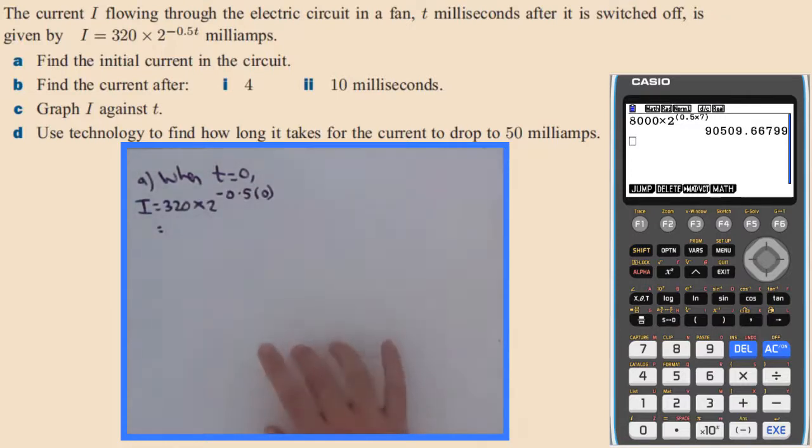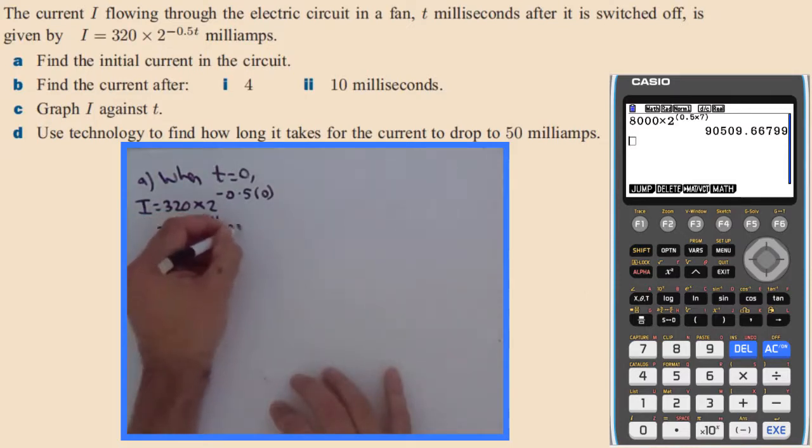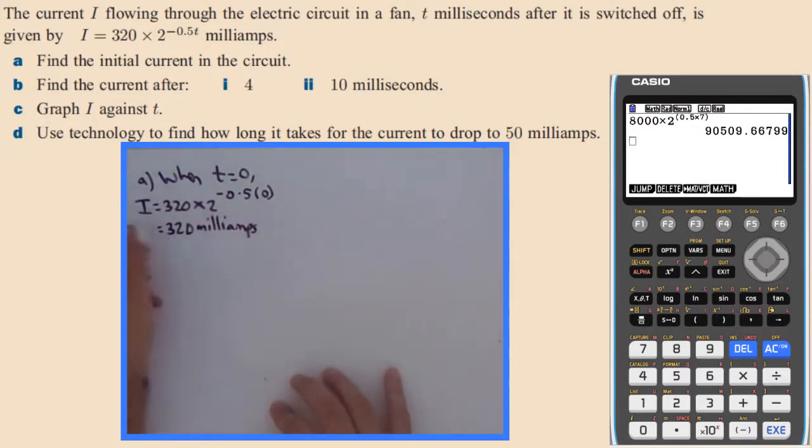Well, minus 0.5 times 0 is 0. 2 to the power 0 is 1, and 320 times 1 is 320. The units are milliamps. So part A, easy enough.